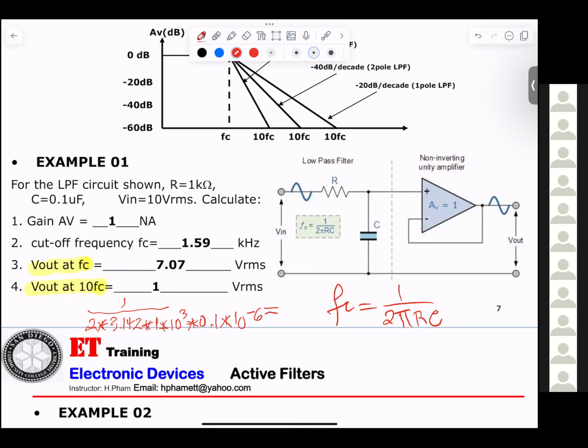That's how you get 1.59, just using the calculator.